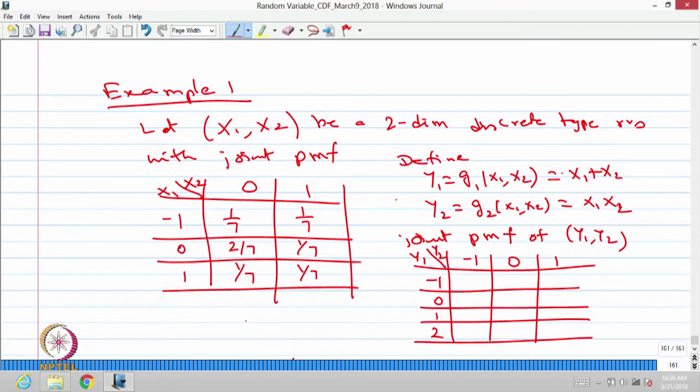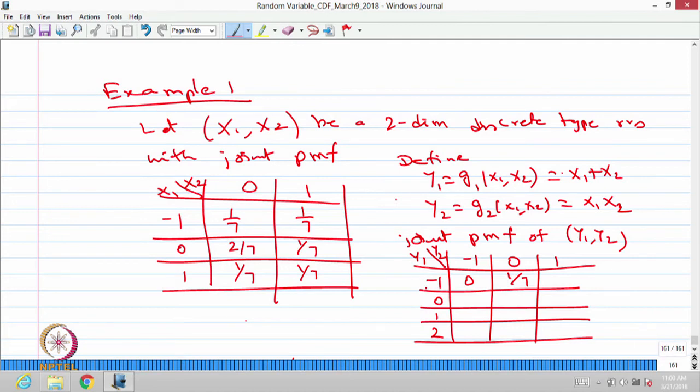Suppose y1 takes a value minus 1 and y2 takes a value minus 1. What are all the possibilities of x1, x2 so that y1 is minus 1 and y2 is minus 1? There is no way you will get this possibility. Therefore, the probability of the empty set is 0. Whereas when y1 is minus 1 and y2 is equal to 0, that is possible with probability 1 by 7.